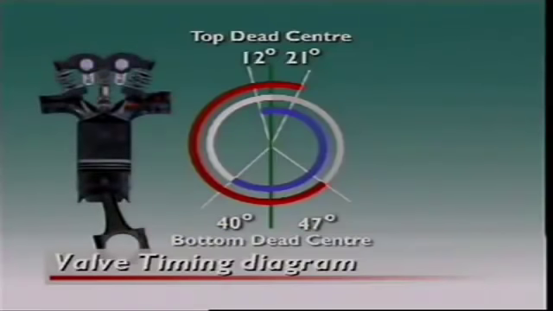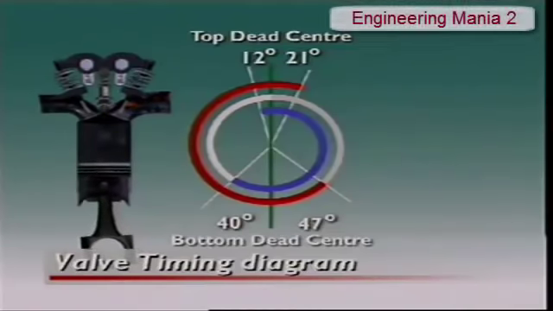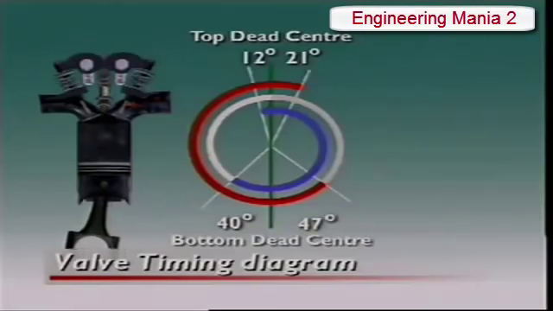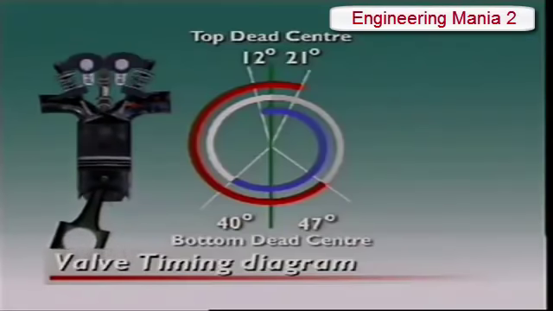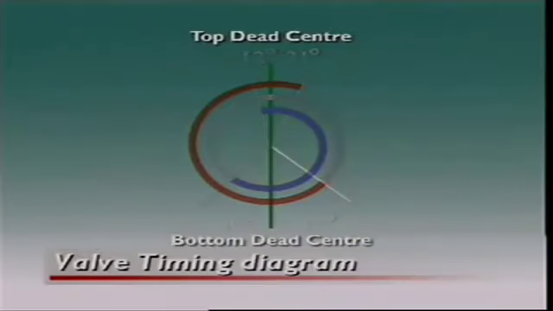By the time the piston is at 47 degrees before bottom dead center on the power stroke, combustion pressures have dropped considerably and little power is lost by letting the exhaust gases have more time to exit. When an intake valve opens before top dead center and the exhaust valve opens before bottom dead center, it is called lead. When an intake valve closes after bottom dead center and the exhaust valve closes after top dead center, it is called lag.